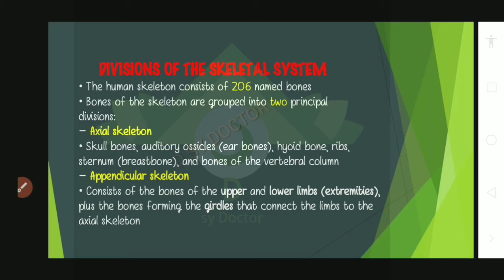The human skeleton consists of around 206 named bones. Every bone has its own recognition. The bones of the skeleton are grouped into two principal divisions: the axial skeleton and the appendicular skeleton.